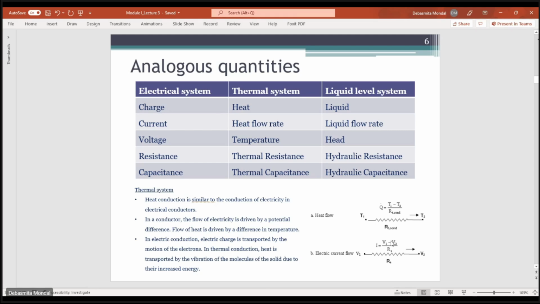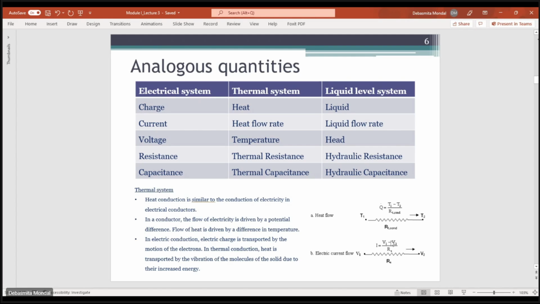You can see that charge is analogous to the total heat for a thermal system, and for a liquid level system it is the total liquid. The rate of change of charge is current.